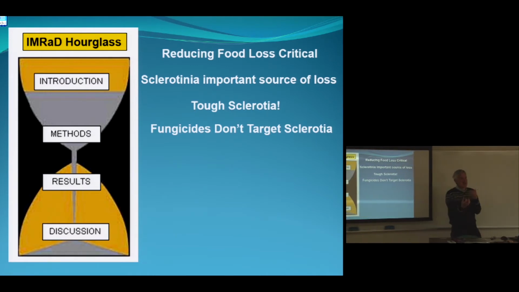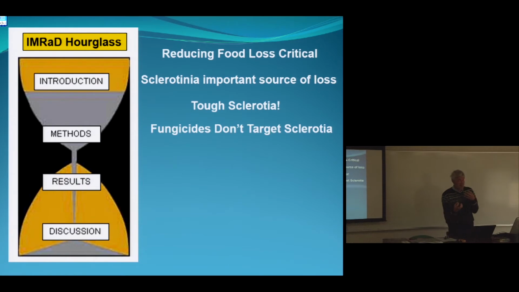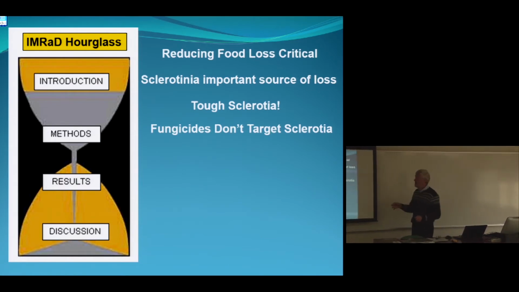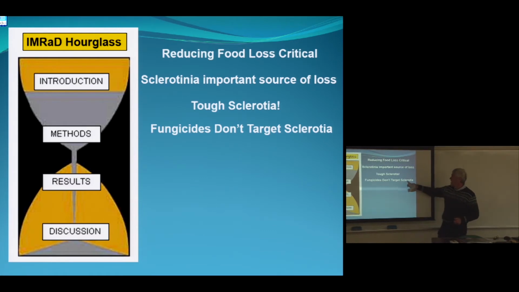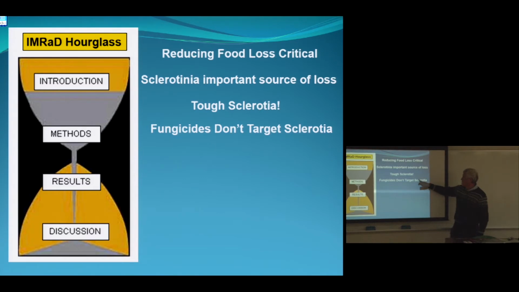They are very hard to kill or to control. And the fourth one is the fungicides don't target Sclerotia. So an extremely important problem that we need to conquer is how can we control Sclerotia, because that is the most difficult stage to control in the whole life cycle.